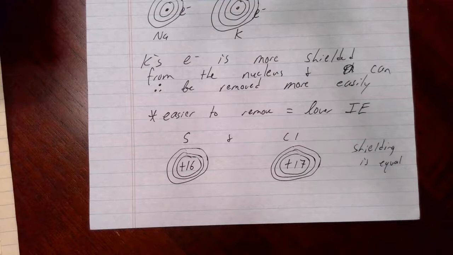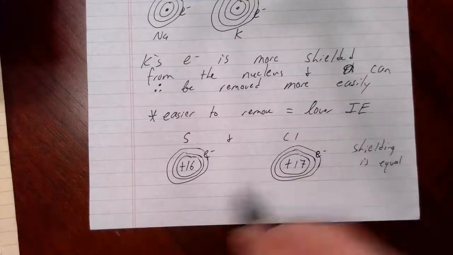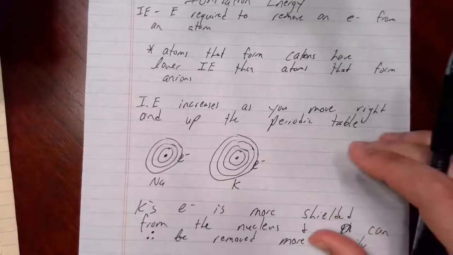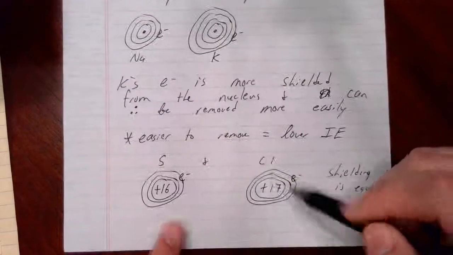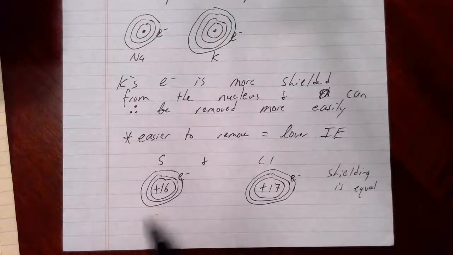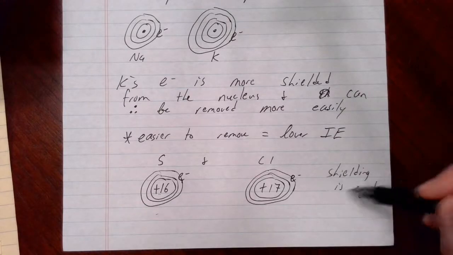Okay, so think about here, if we have an electron out here, we know both of these will have higher ionization energies than will sodium or potassium, because these 2 atoms down here don't want to lose their electrons, whereas sodium and potassium do. So the only difference in these 2 atoms really now is their nuclear charge, their Z, because their shielding is approximately the same.